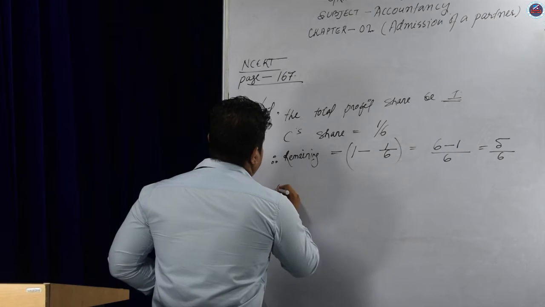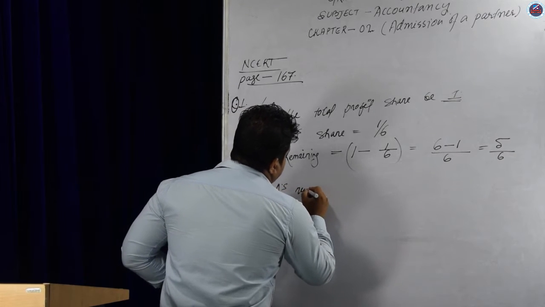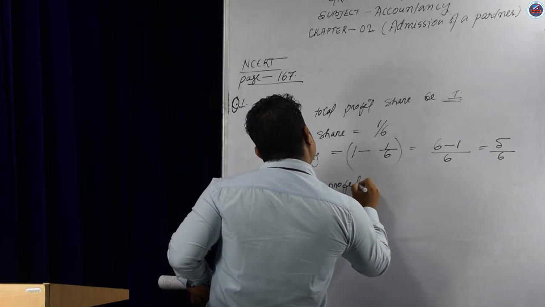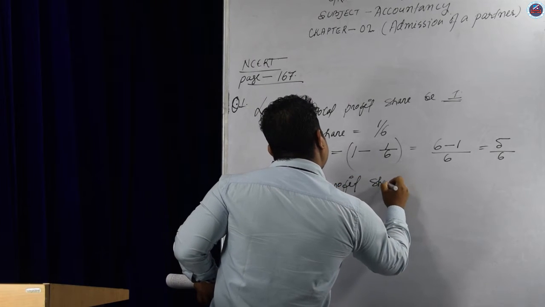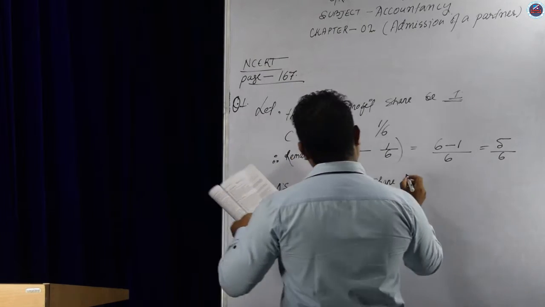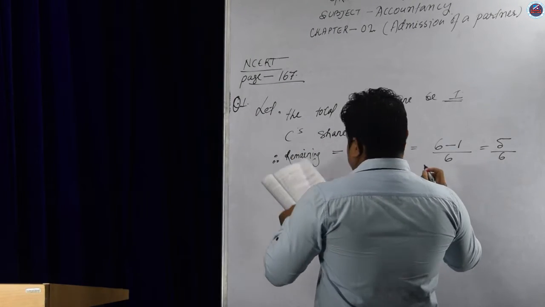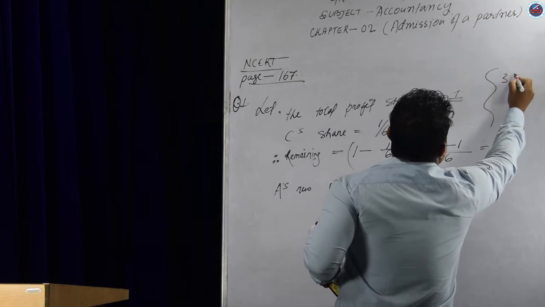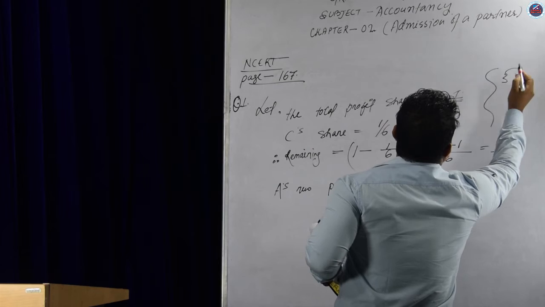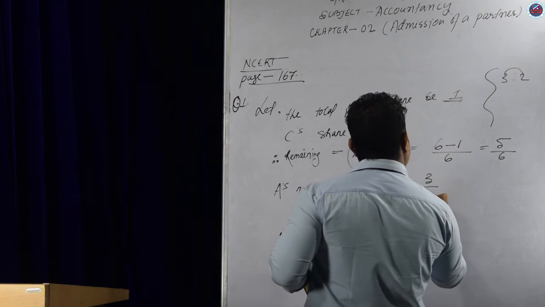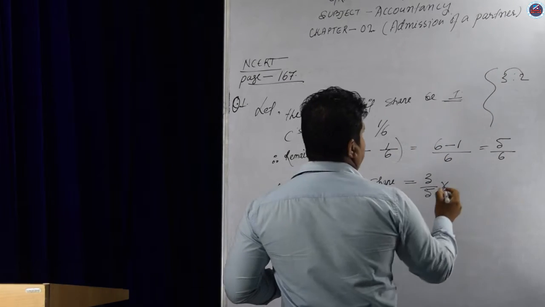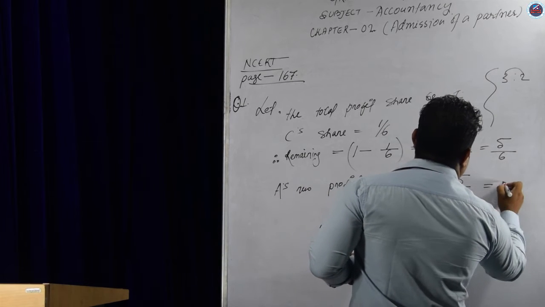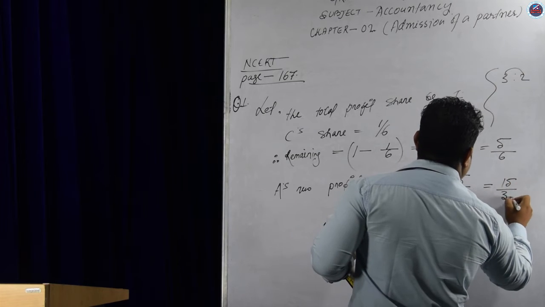A's new profit share: A's old ratio is 3:2, so 3 plus 2 is 5. 3/5 multiplied by the remaining share 5/6 gives 15/30.